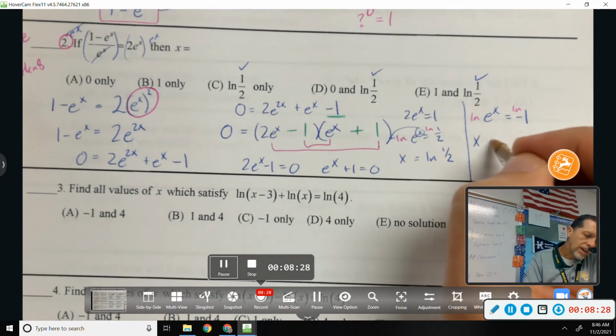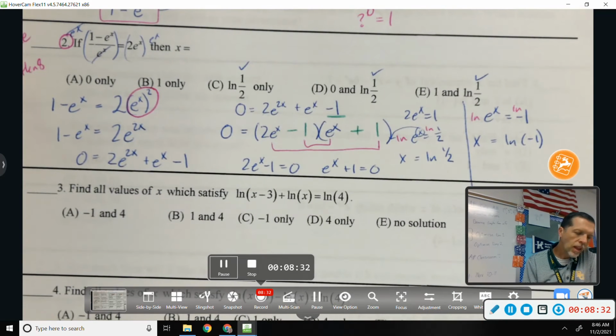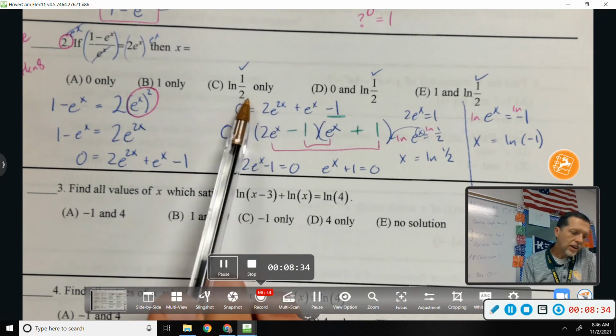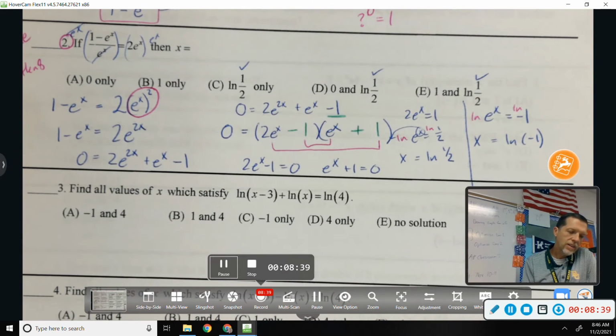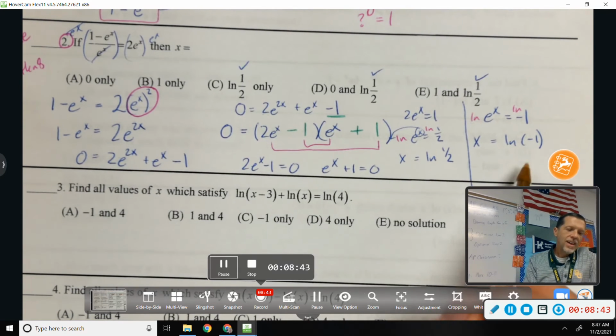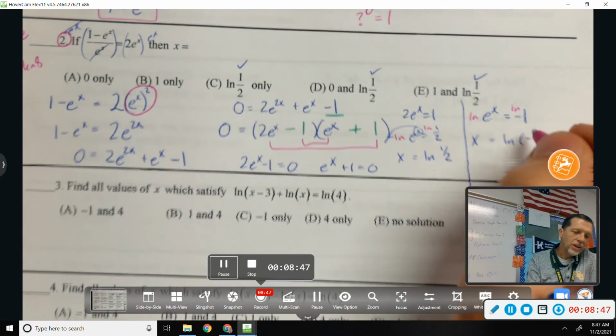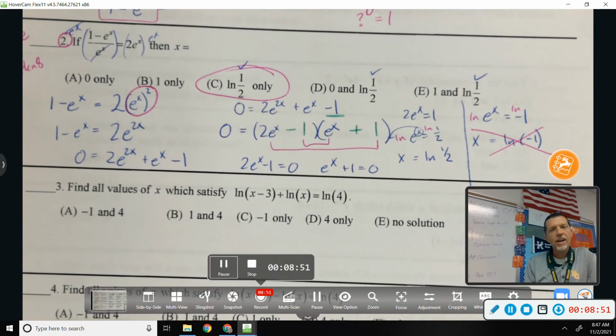So x equals natural log of -1. Why don't I see natural log of -1 as an answer anywhere? It's just a positive 1. I can't take the log of a negative number, so this doesn't really work. So it's only the natural log of 1/2.